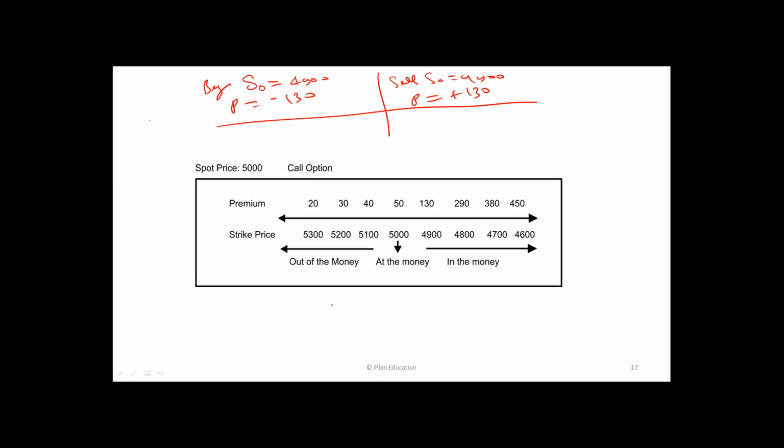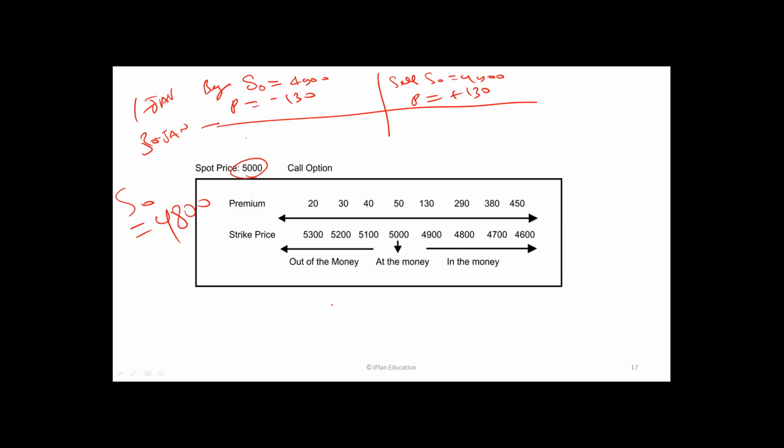Fine. So 1st January, 2nd January, sorry, 30th January. Now let's suppose instead of the spot increasing to 5100 on the date of expiry, it went down. It went down to 4800, let's suppose.